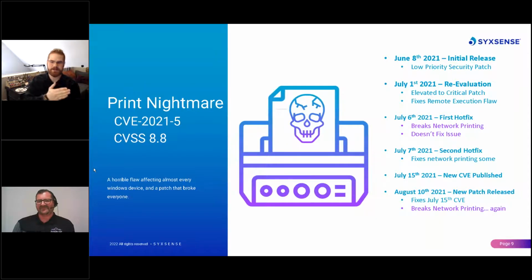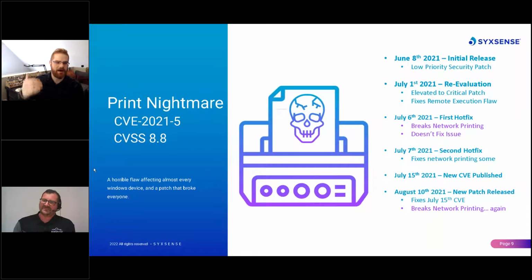Now that the cybersecurity industry is ripping apart print spooler looking for vulnerabilities, they find a brand new escalation of privileges vulnerability within the same service. Finally, on August 10th, Microsoft released one final update for the spooler, which rolls up fixes for the Point and Print workaround, as well as the new escalation of privileges flaw.